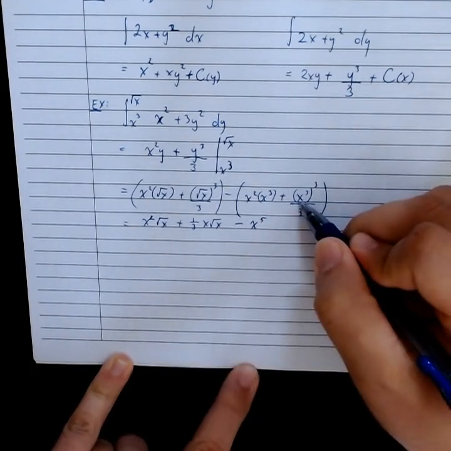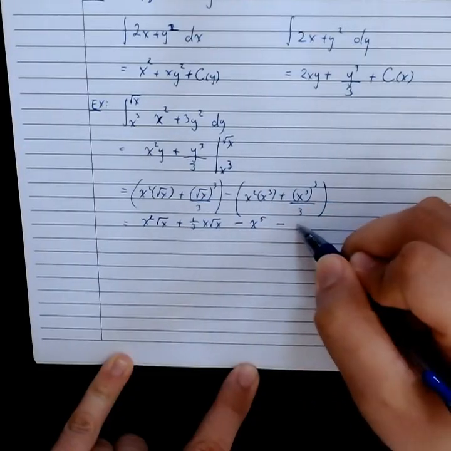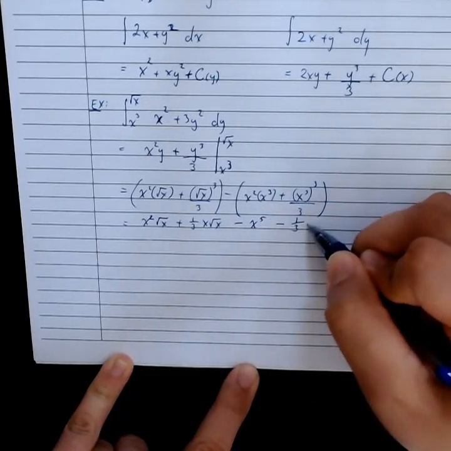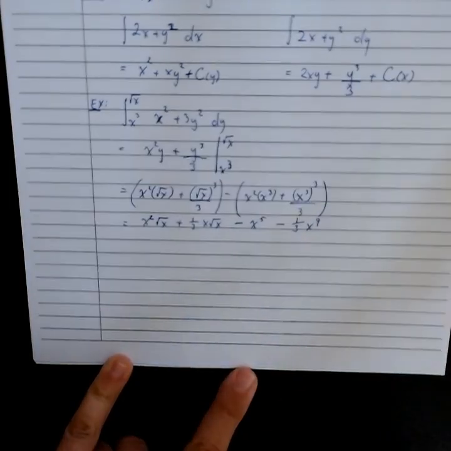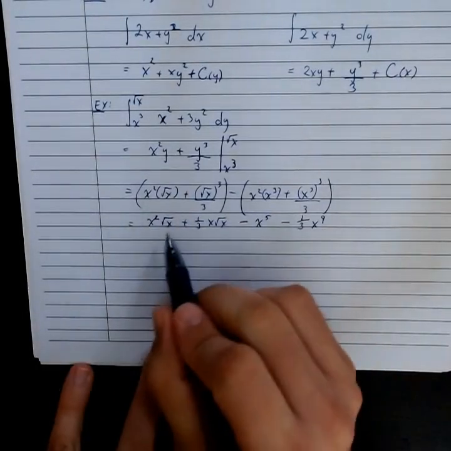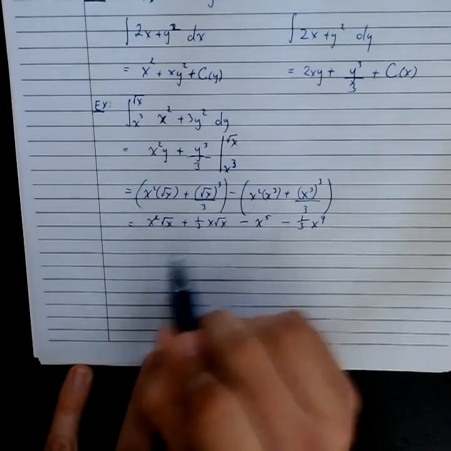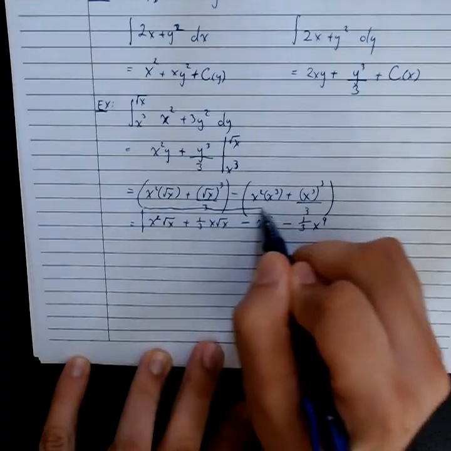And here that'll be x to the third. Don't forget to distribute your minus there. And that's going to give you 1/3 x to the 3 to the power 3 would give me power 9. And that's it. That's about as far as we could take that. I suppose there are ways you might want to try to factor out common factors or things like that. Let's not worry about that. This will suffice right here.